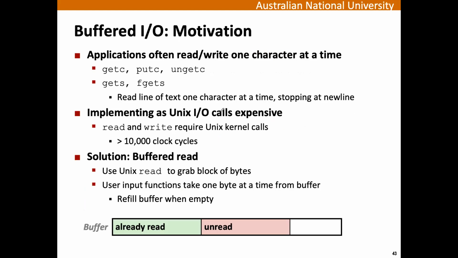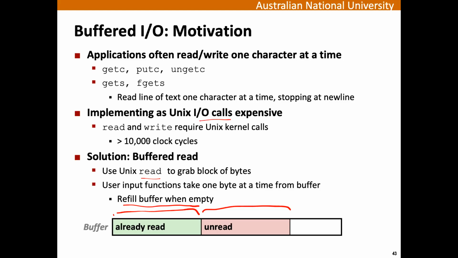Just like the RIO package, the standard library has an internal buffer, some of which is already read, other is not read. It uses read to grab blocks of data, and refills the buffer when it is empty.